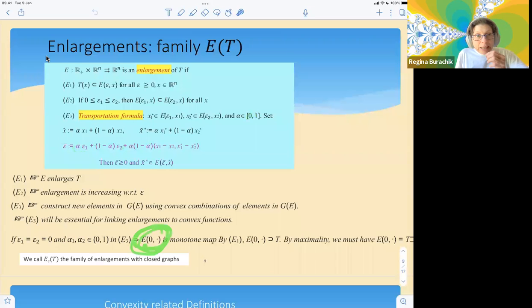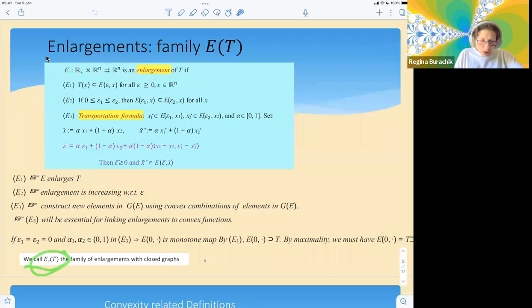And because capital T is maximally monotone, then this map should be exactly equal to T. So this is another consequence of these two definitions. So E1 and E3 imply that when you take 0 as the parameter, you recover the operator T.